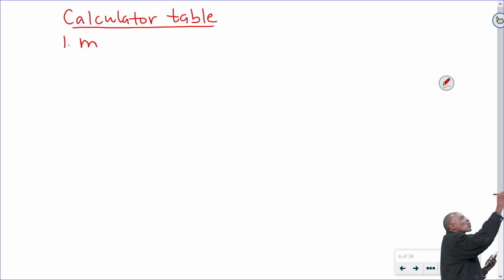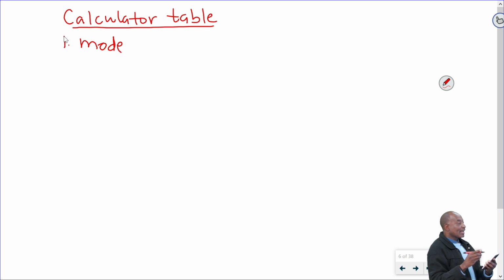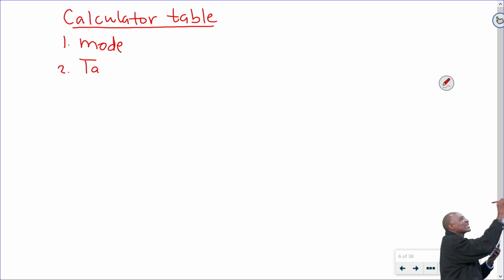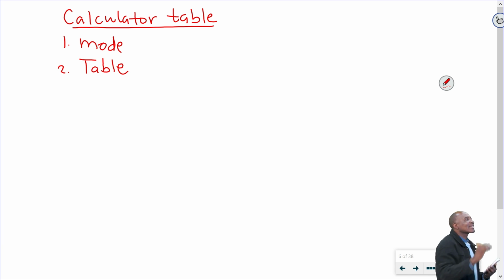The first step is to go to mode. You press mode, and then the second step, you look for table. You'll always find table there. Then you click on that table.